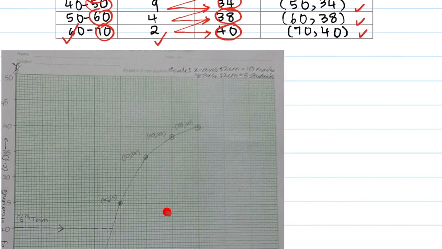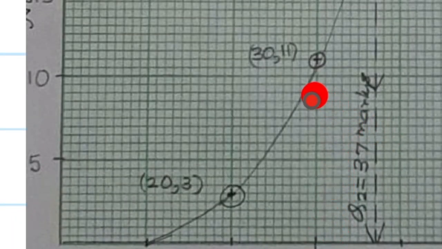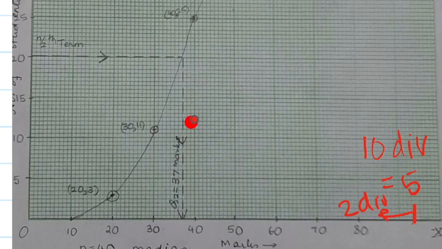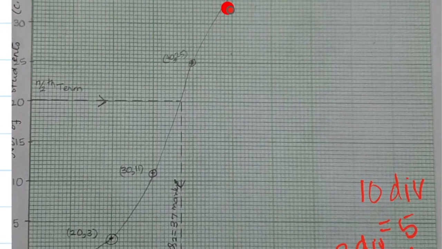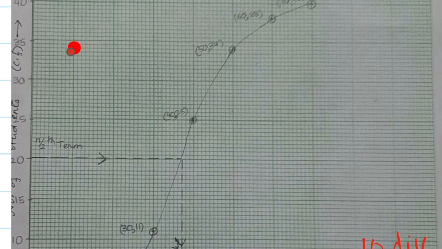Our second point is (30, 11). So here 30, and this is 10, and then I've taken 2 divisions, so that is our 11 here. Same way now, 40, it is 25; 50, 34. So this is your 35, and I come down 2 divisions to give that 34.